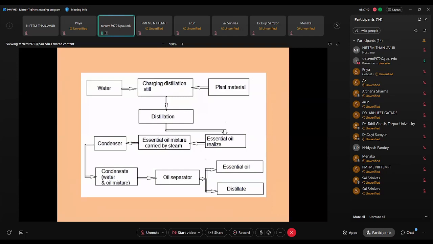Volatile in the sense that their boiling point is very low, about 60 degrees Celsius, and if you keep a bottle of essential oil open outside, the essential oil will evaporate. That's why they are also called volatile. The word essential has come because the oil is essential to the plant, since they are basically insect repellents also.